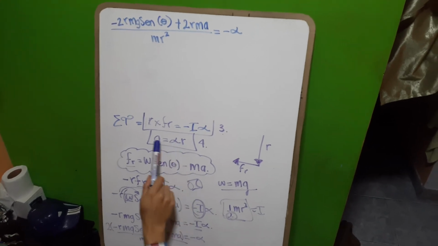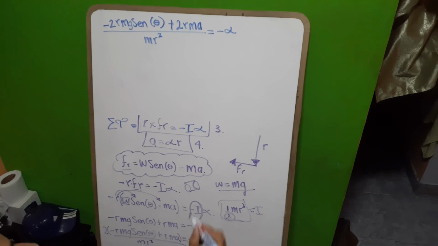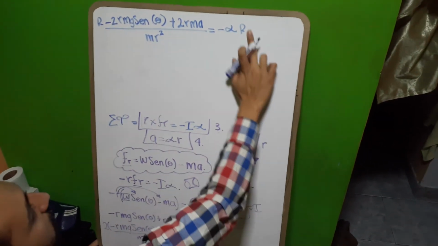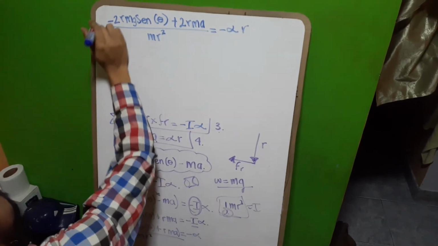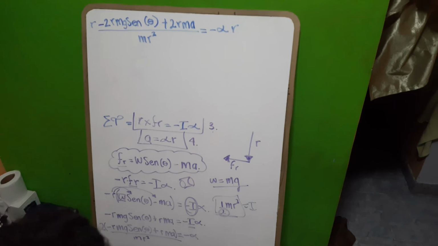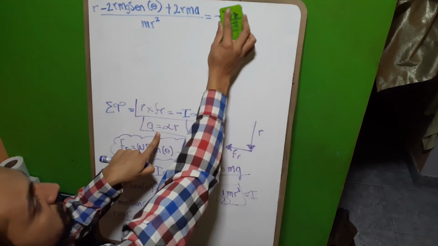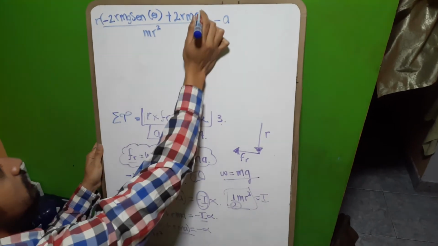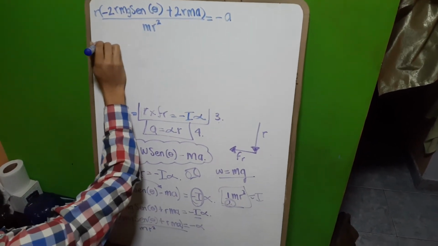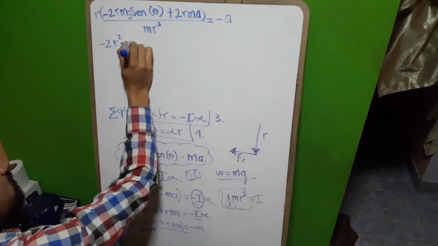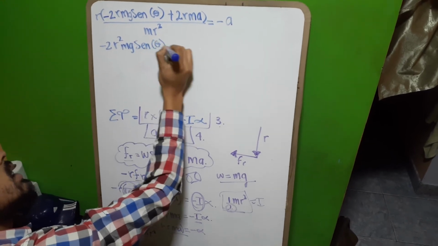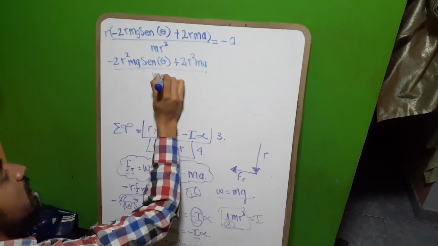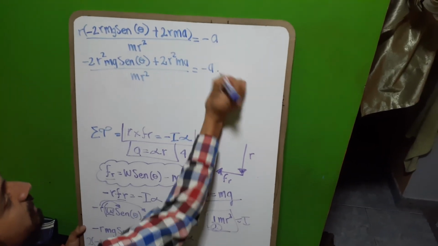This alpha r is equal to a. Okay, r with r, 2 r squared m g sin theta, 2 r squared m a with m r squared times negative a.